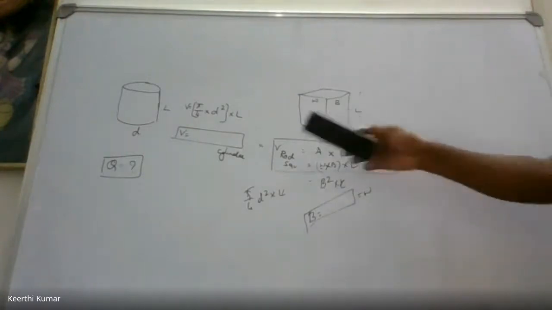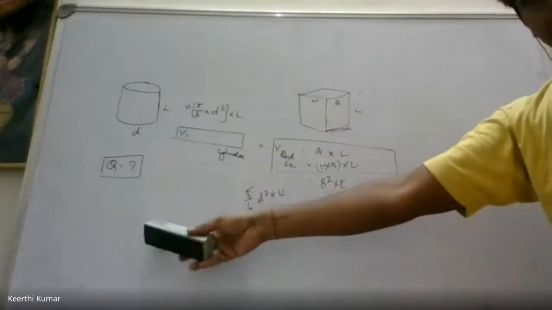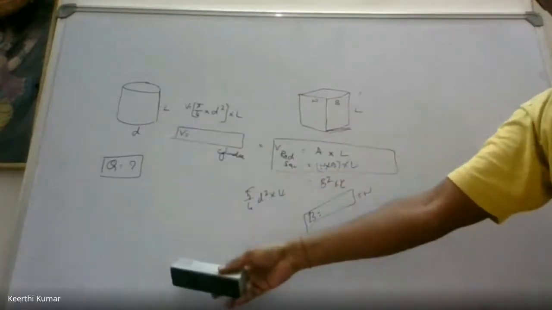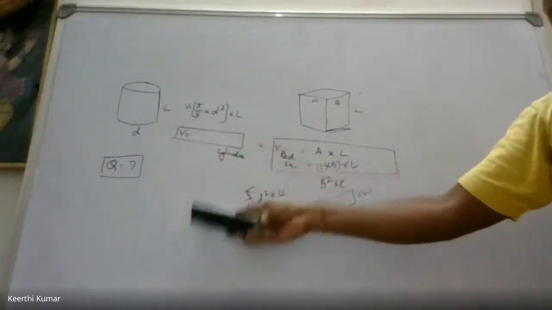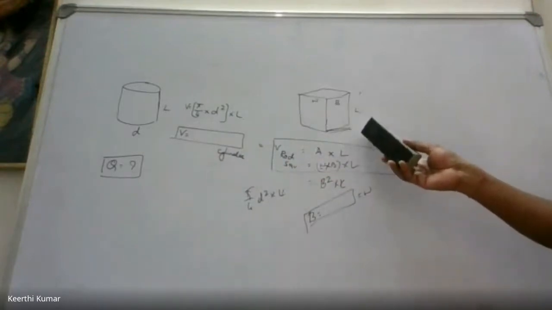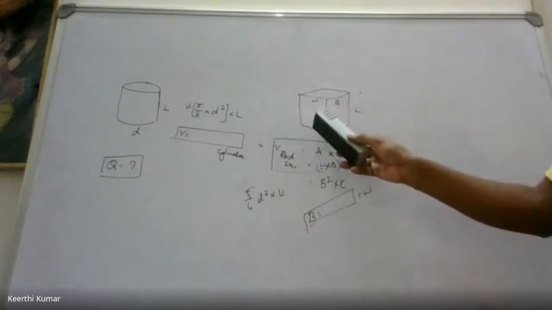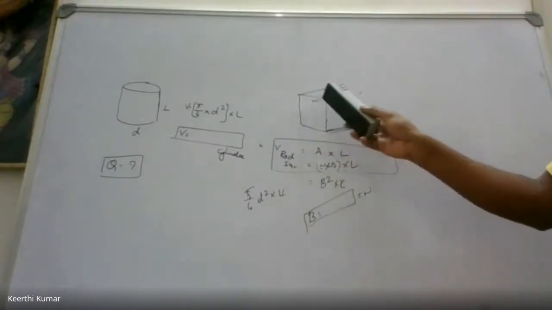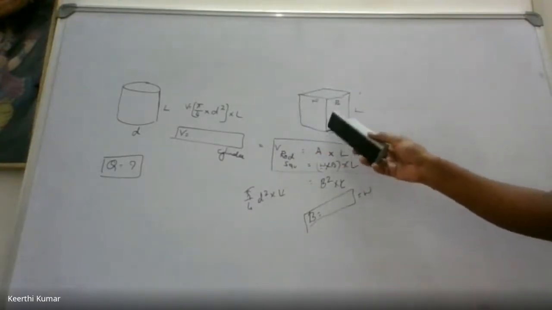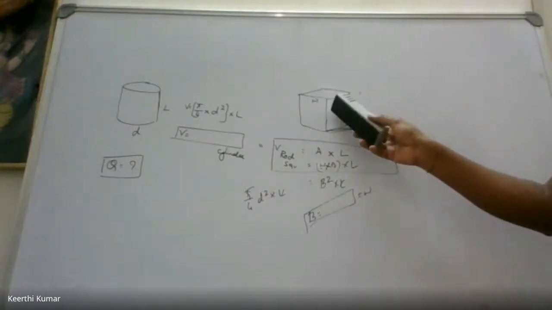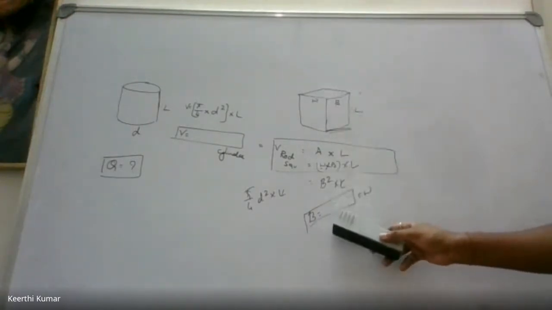So he told to find out the value of Q for the cylinder, all the data are given. Take the same data for the square block, but the volumes of both are the same. So you first find out the width or the breadth. Since it is a square, both the width and the breadth of the block will be the same.